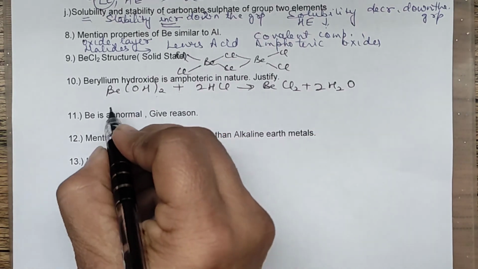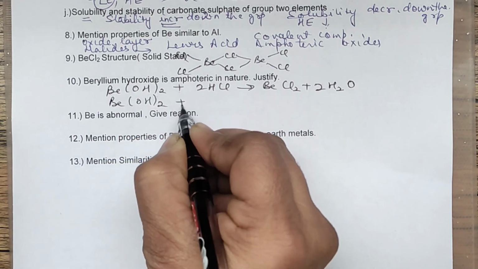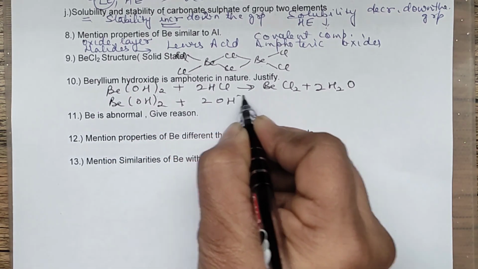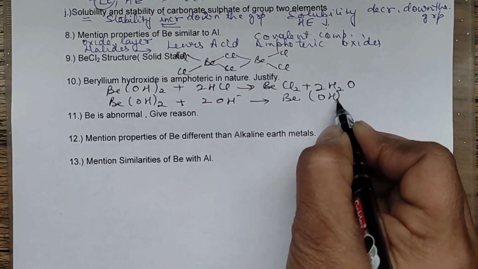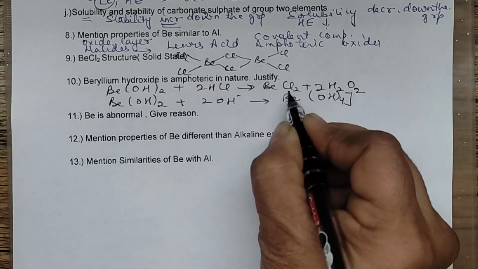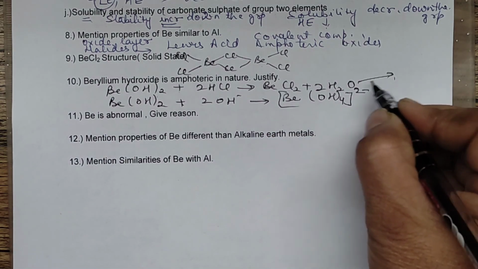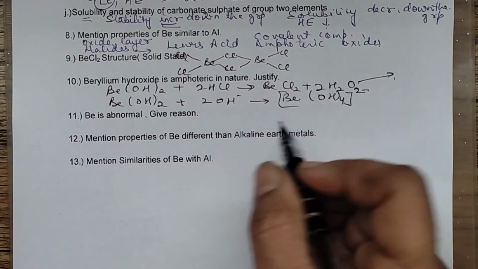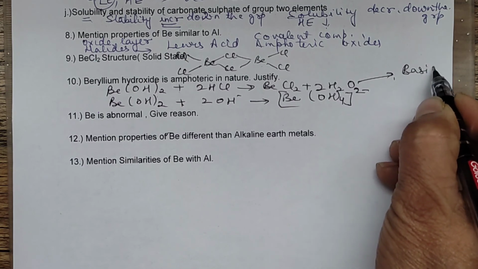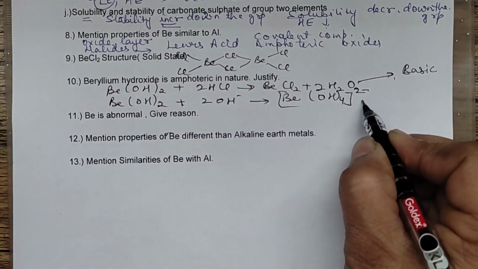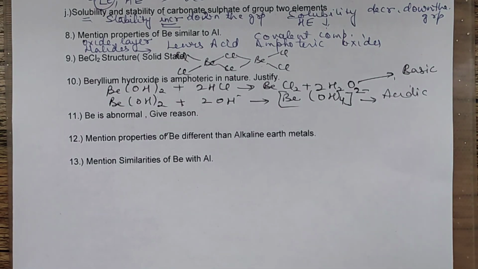At the same time, you can also write its reaction with a base, say OH minus, and it forms a salt. So the first one shows the basic nature because it is able to react with the acid, and this one shows the acidic nature because it is able to react with the base and form the salt.